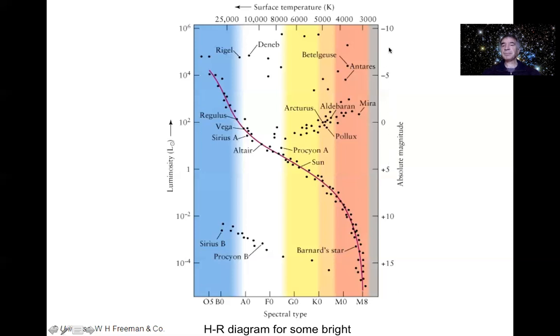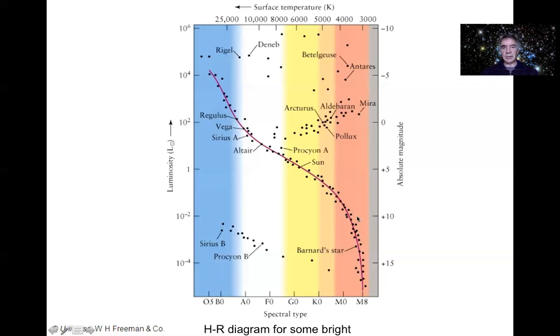Smaller numbers and negative numbers mean brighter objects, and larger magnitudes mean a fainter object. Recall that a difference of 5 magnitudes corresponds to a factor of 100 in brightness. And you can see that 5 magnitudes on the absolute magnitude scale corresponds roughly to a factor of 100 on the luminosity scale, as you'd hope it would. So those are the axes.